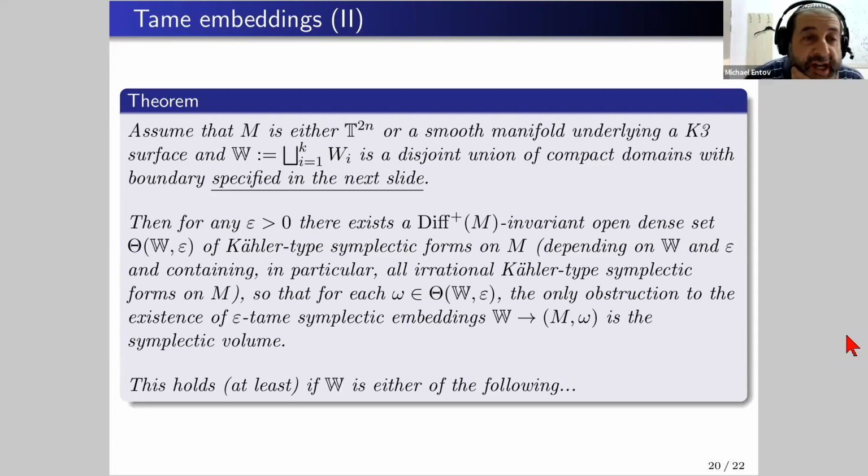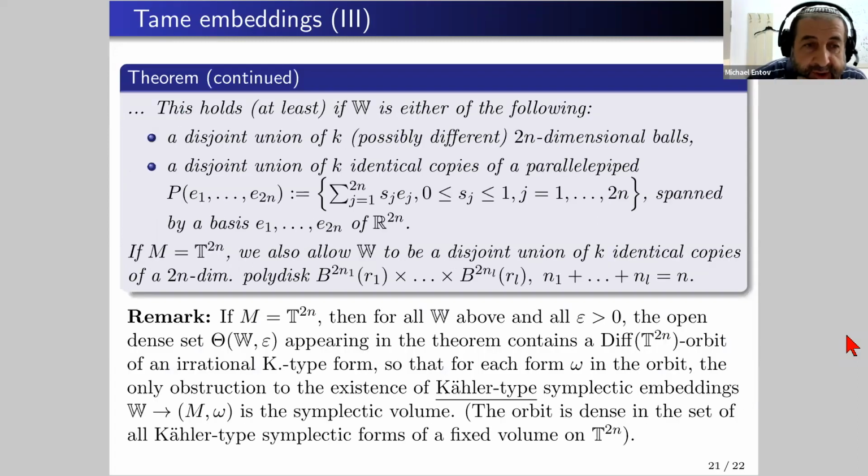Okay, and for which W does it hold? This holds at least if W is either of the following. It is a disjoint union of K two-dimensional balls. This was the setting of our previous theorems. Or it is a disjoint union of K identical copies of a parallelepiped. A parallelepiped is just to pick a basis of R^2N and span the unit parallelepiped using this basis.